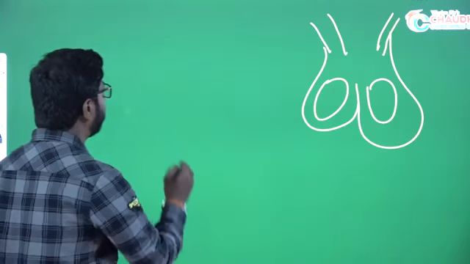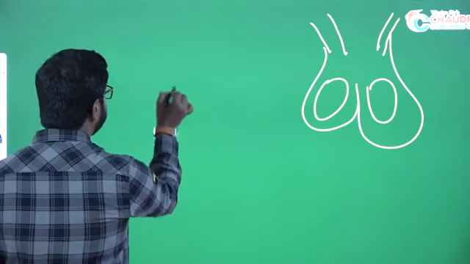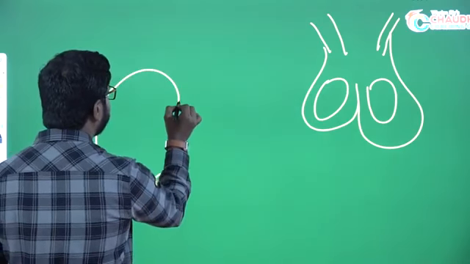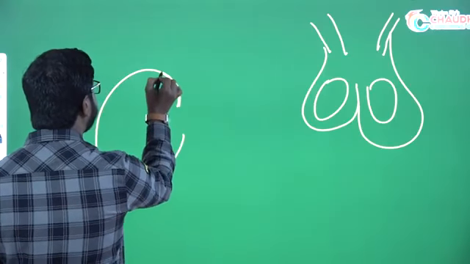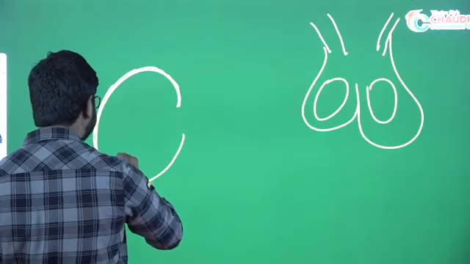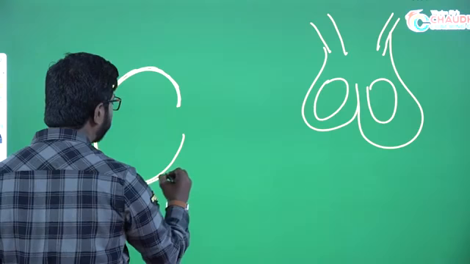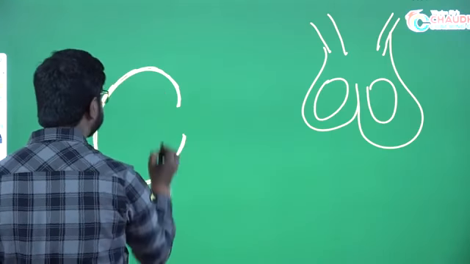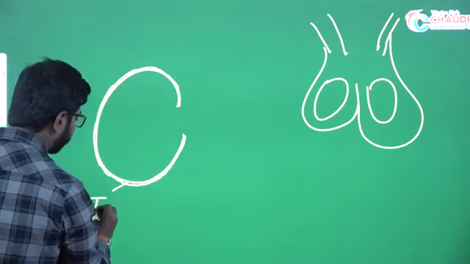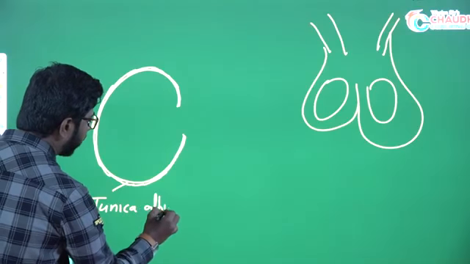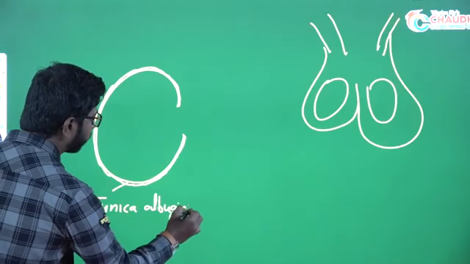So first of all, we must know that each testis is bounded by a thick fibrous connective tissue layer. This covering of the testis, which is made up of fibrous connective tissue, is known as tunica albuginea.